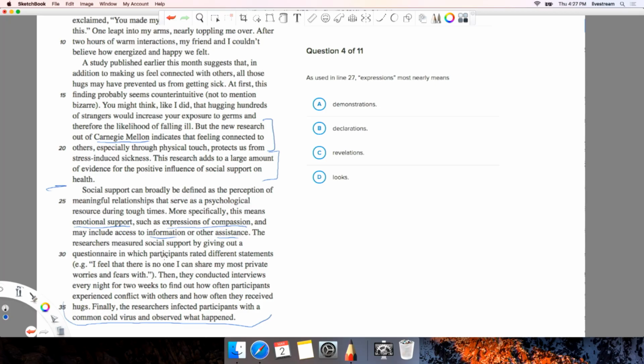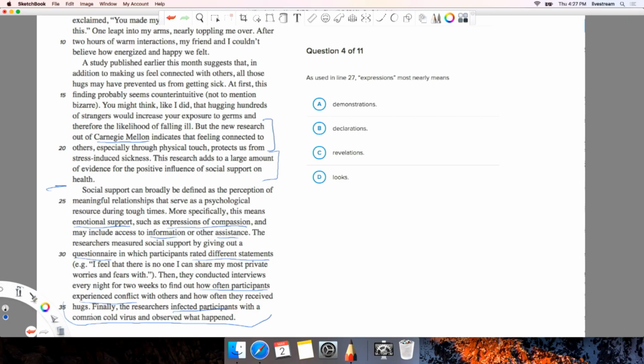The researchers measured social support by giving out a questionnaire in which participants rated different statements. Then they conducted interviews every night for 2 weeks to find out how often participants experienced conflict with others and how often they received hugs. Finally, the researchers infected participants with a common cold virus and observed what happened.